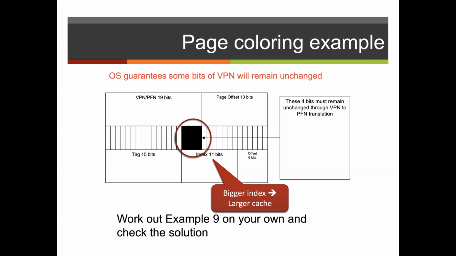And so this is what we call page coloring. It'll allow the processor to have a larger virtually indexed physically tagged cache that is independent of page size. And so there's a detailed example that illustrates how to accomplish this in the book. So be sure to work through that example.